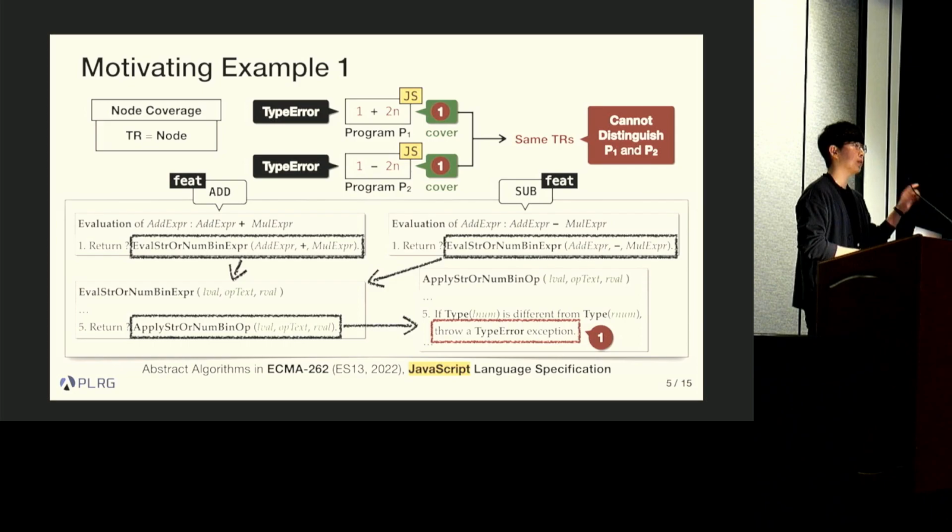P1 represents an edge case of the addition operation, and P2 represents an edge case of the subtraction operation. So it is much better to keep both programs in the program pool. To do this, we present feature-sensitive coverage criteria.